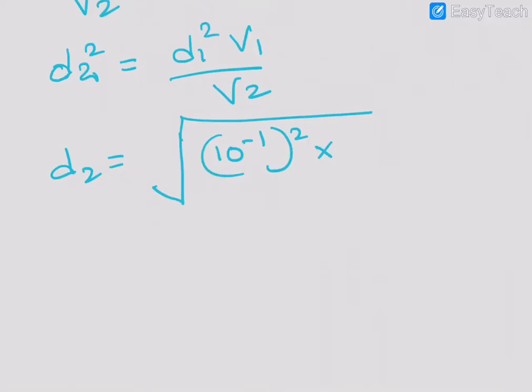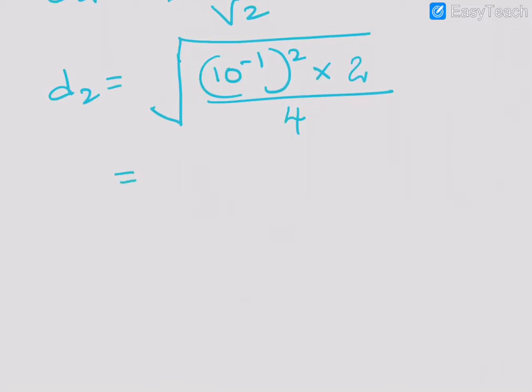What is your V1 in the question? 2 meter per second, and V2 is 4 meter per second, right? Okay, so when we solve this, this comes 10 raised to minus 2. This will cancel, 2 ones are 2, twos are, so this is by 2.